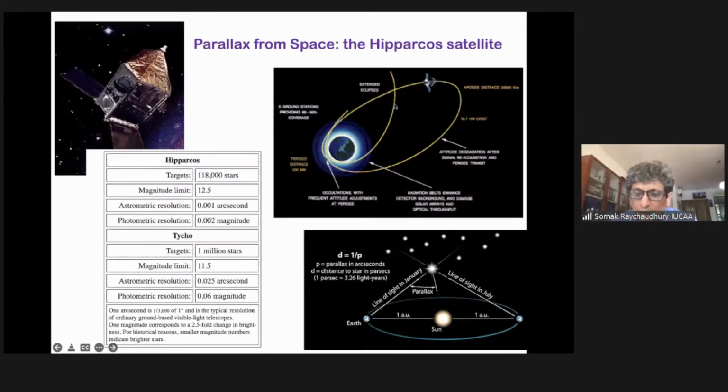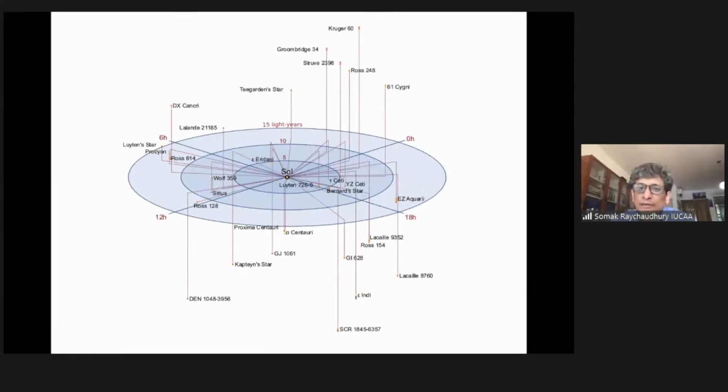So based on that, for example, we know that in the solar system here, which is called Sol in the middle, which in technical language is what the sun is called. And you can see the nearest stars, and these are all parallax measures, and how they're distributed around the sun.